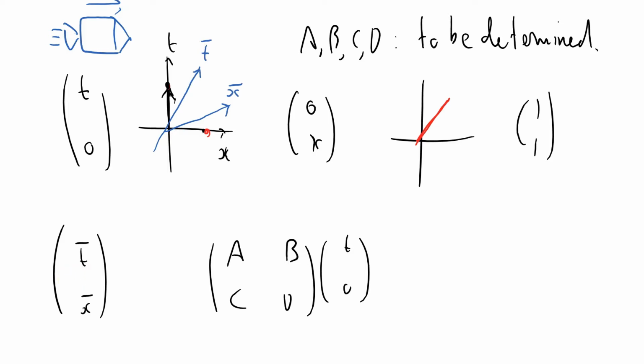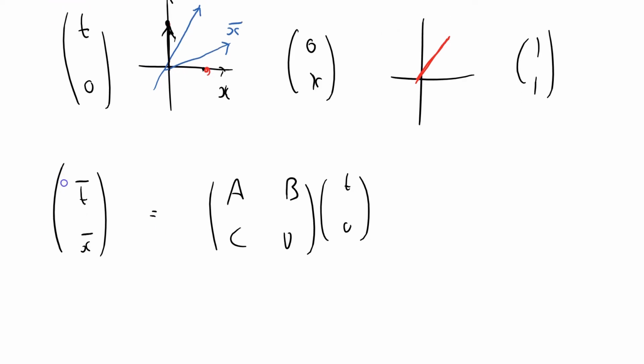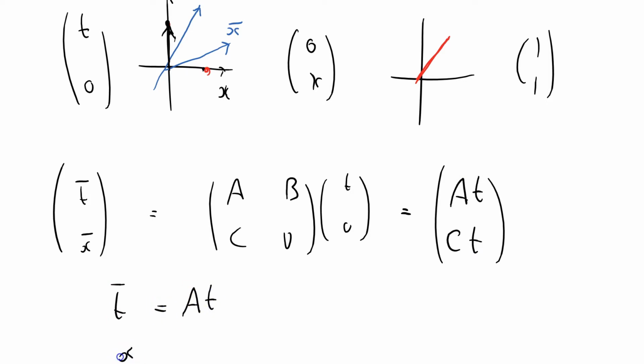As far as he's concerned, his description of a point is related to the black coordinates description by this framework. It equals A t, and then this one here is C t. So t bar equals A t, and x bar equals the bottom one, which is just C t.